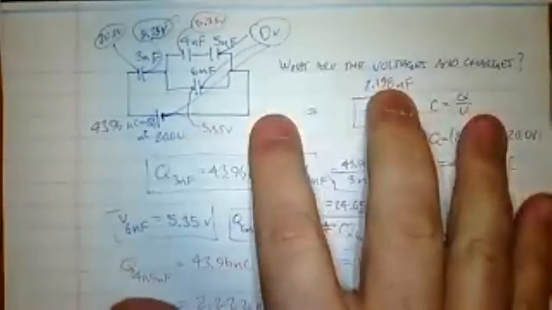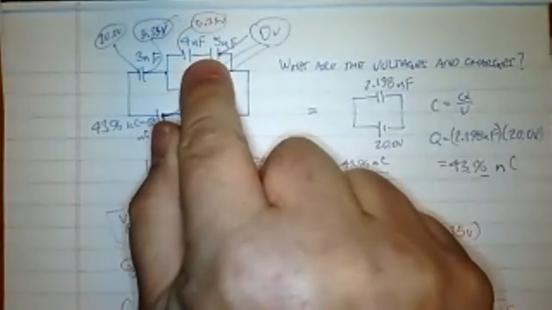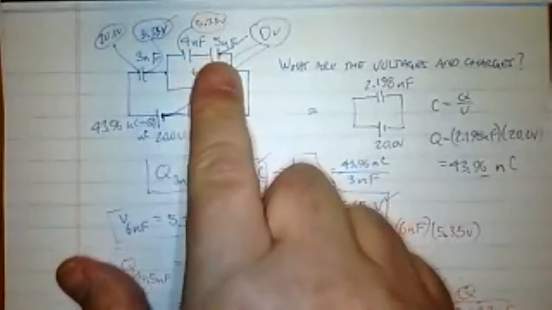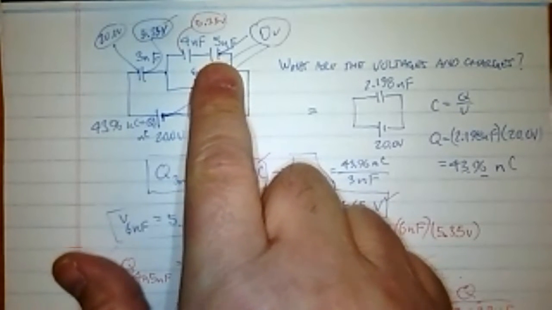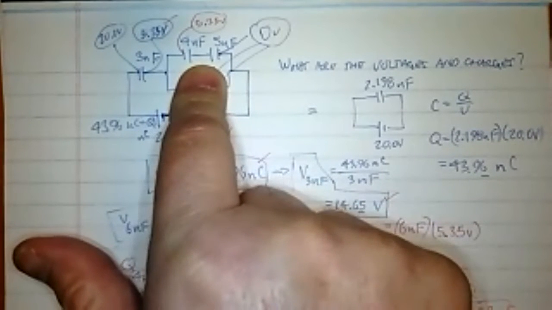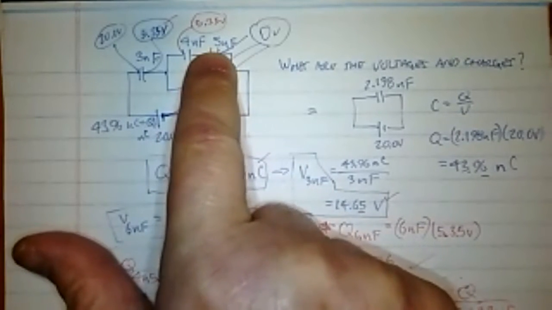So here's the circuit that we had already worked out. I'd already worked out that if the 4 and 5 nanofarad were replaced with a single capacitor, then that capacitor had to be a 2.22 nanofarad capacitor.